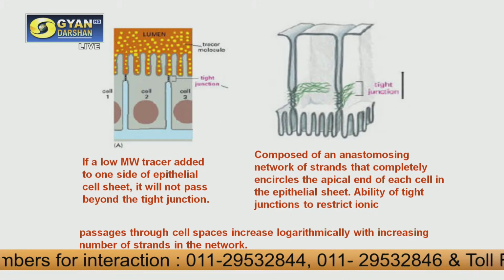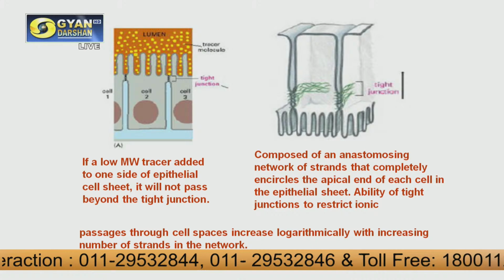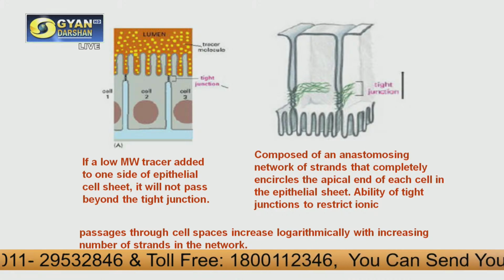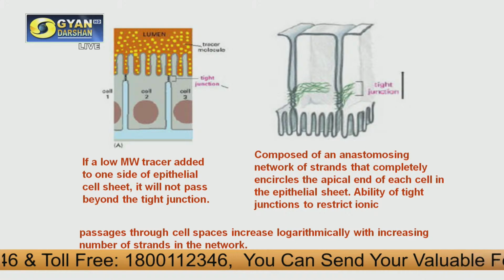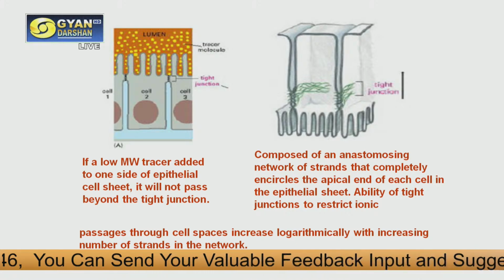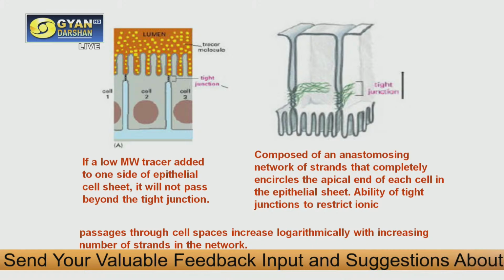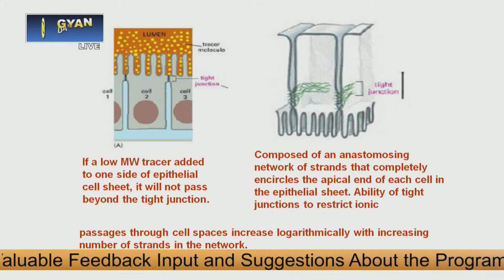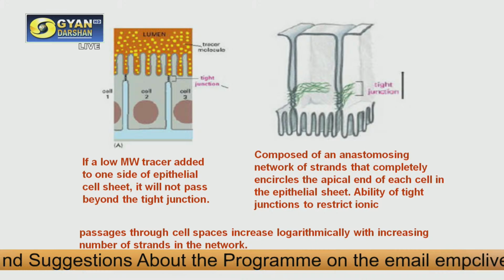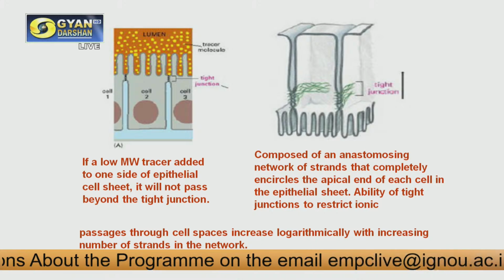If you add any tracer molecule to one side of an epithelial cell, so it can be an intestinal cell or an epithelial cell, you will see that it will not pass beyond the tight junction.